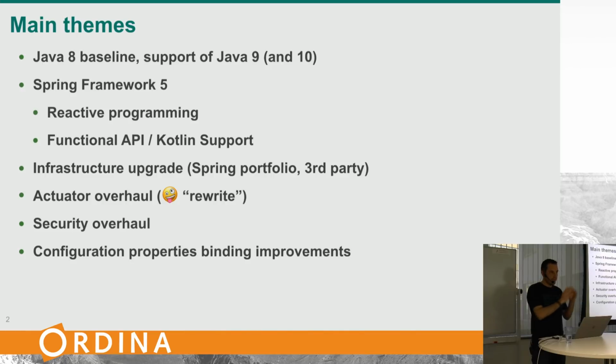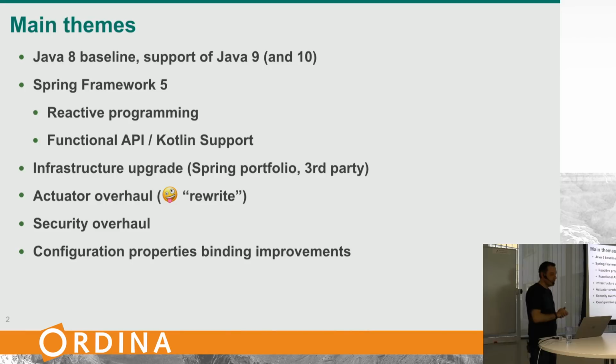Right. So major new releases for the Spring portfolio. Spring Framework 5, but also Spring Data had its first major release since its inception. Spring Data was started as a project in 2009 and never had a major release since then. So this is the first major release of Spring Data that you'll get with Spring Boot 2.